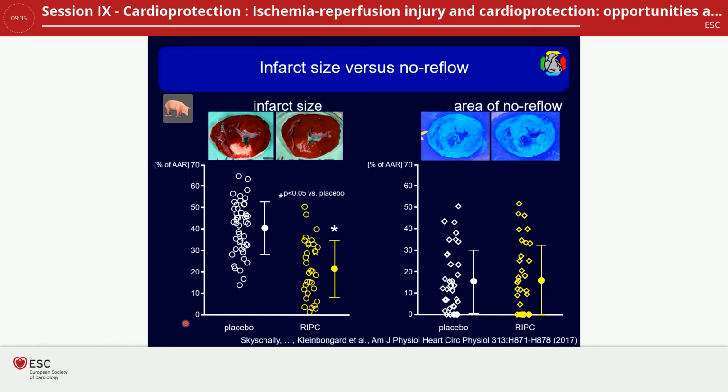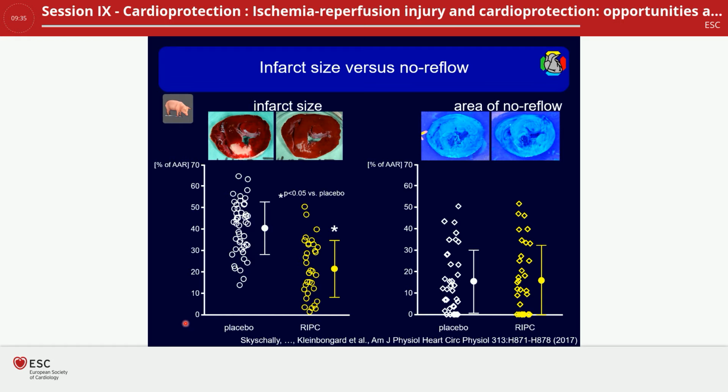What we have recently done in our pig model is we have shown that the remote conditioning to the leg nicely reduces infarct size, but in the very same pigs, it did not reduce the injury to the coronary microcirculation because the no reflow area was not at all affected.